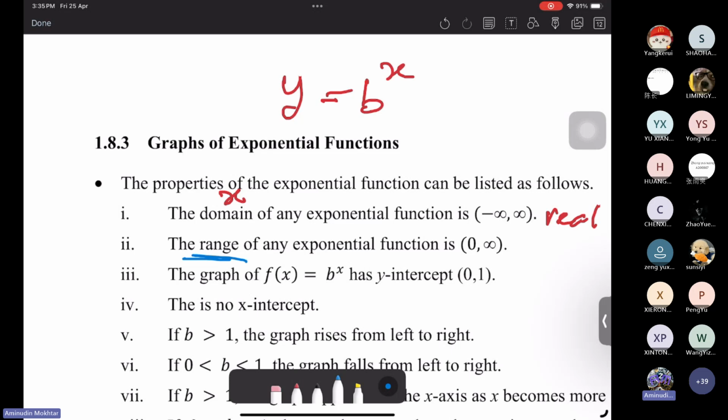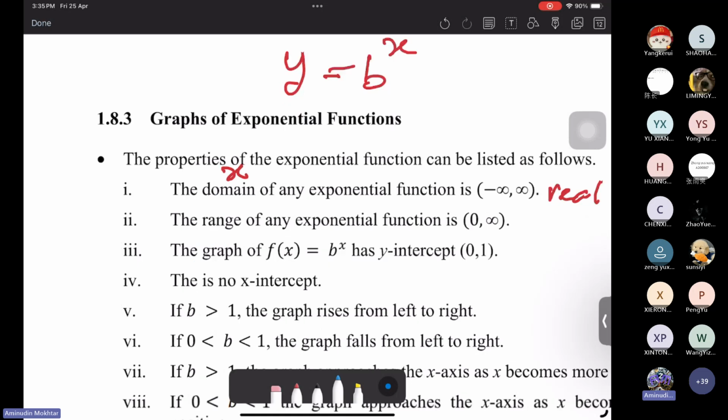Y cannot be negative in the exponential function case. Okay, that's the range, the y value. The value of the function must be between 0 and positive infinity.